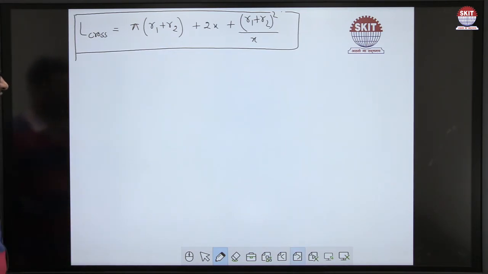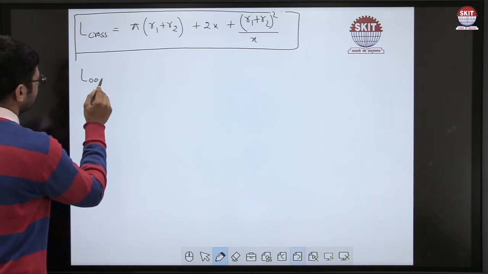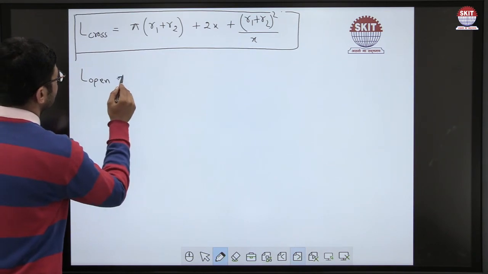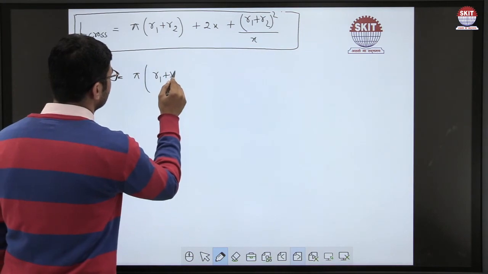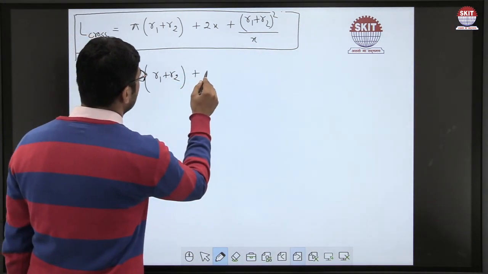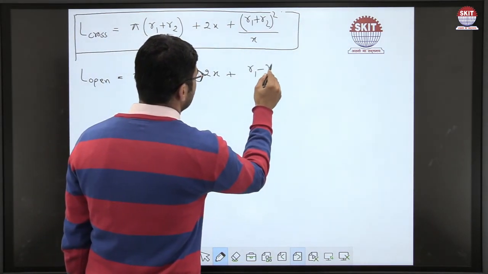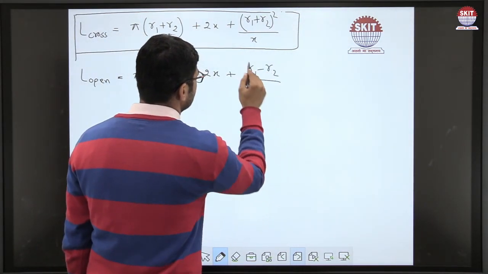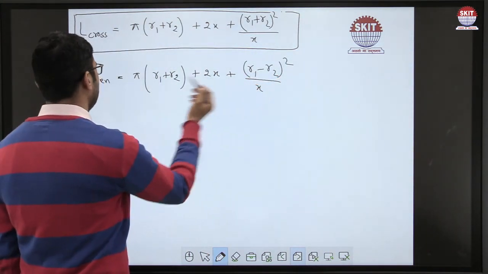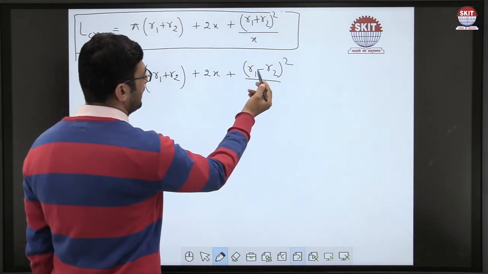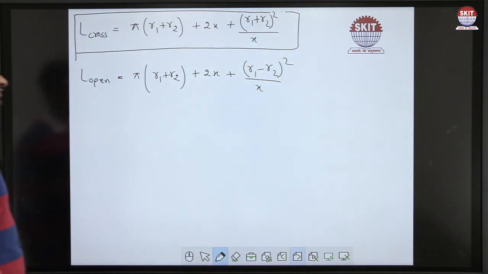If we compare this formula with the open belt drive, there is only one change in the equation. In open belt drive it is R1 minus R2, and in cross belt drive it is R1 plus R2.